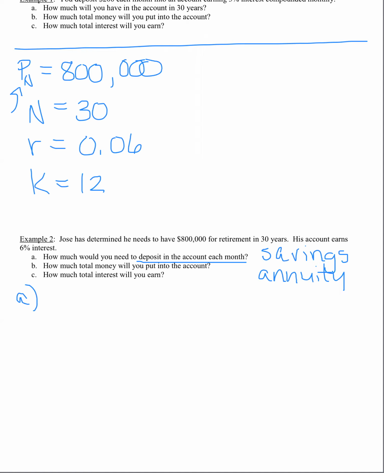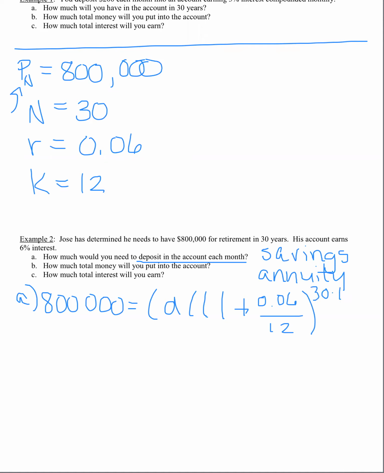So to put that into my formula, I'm going to have 800,000 equals, this time I don't know D. So I'm going to do 1 plus my 0.06 divided by 12, raised to my 30 times 12 minus 1, all over 0.06 divided by 12.